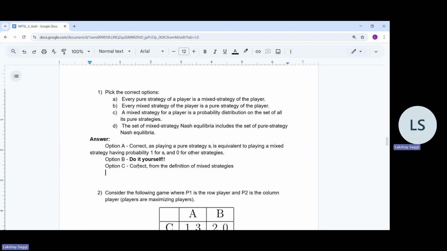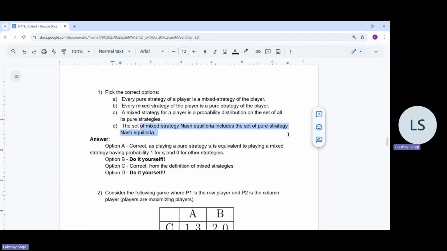And option D, again, I'll just leave it to you guys to do it yourself. Otherwise, I'll just be revealing the whole answer to the quiz question, and I don't want to do that. Option D says the set of mixed strategy Nash equilibria includes the set of pure strategy Nash equilibria.